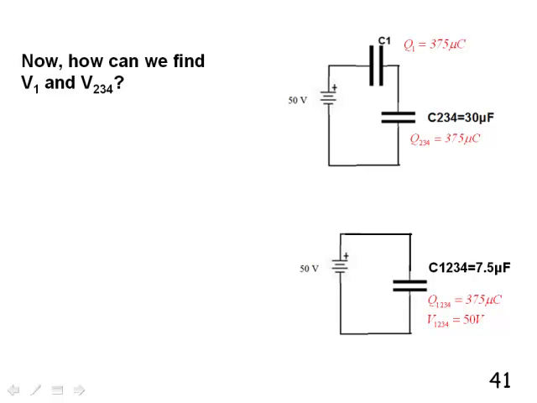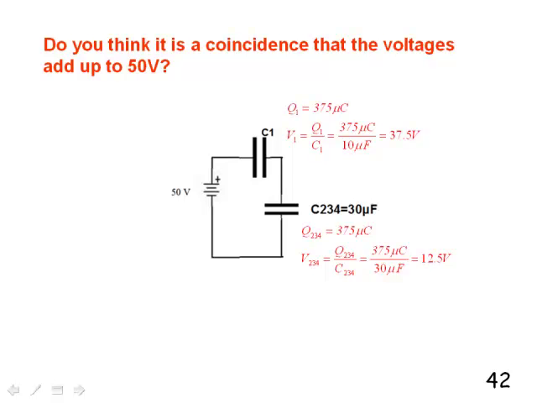Okay, so now I know the charge on each one of those capacitors, I've utilized the fact that I know that charge in series is the same for capacitors. And now that I know the charge on each one of those, and I know the capacitance of each one, I can just apply Q equals CV at this point and find the voltage for each one.